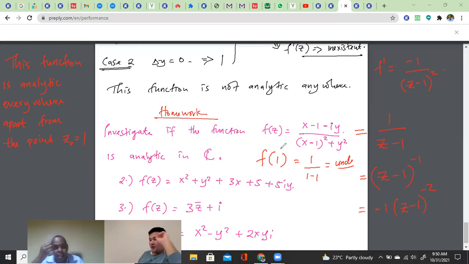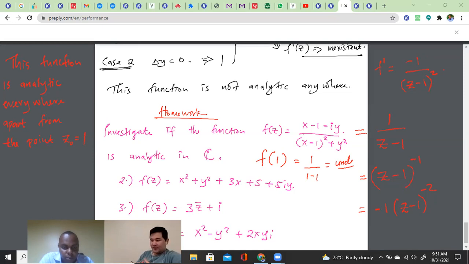The second way is to use the Cauchy-Riemann equation. The main idea of what we're studying here, this complex differentiation, is to find whether a function is analytic or not. To find this, we use two methods.